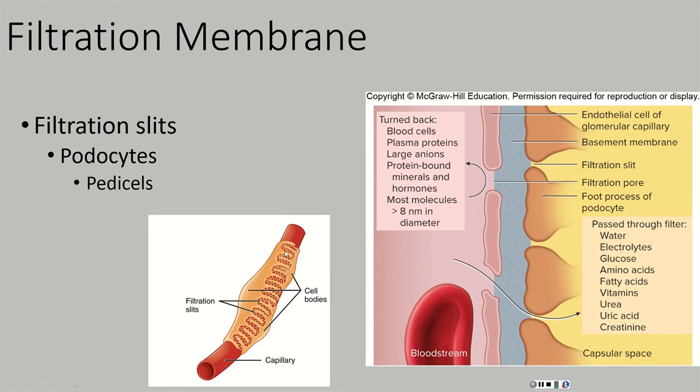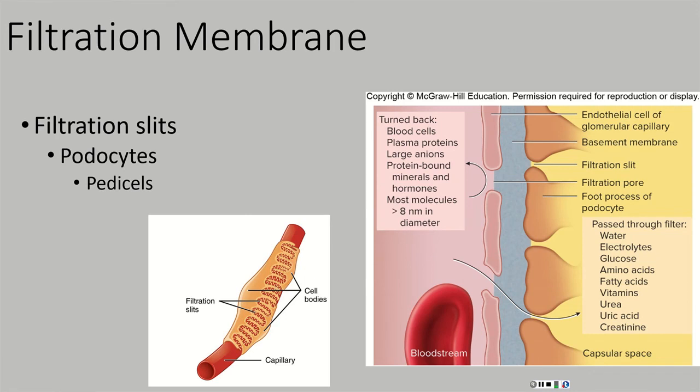And then this big yellow thing, this is a podocyte. This is the cell that surrounds those capillaries. And the podocytes have these long projections that wrap around the capillary wall, and then these smaller little projections that extend from that.